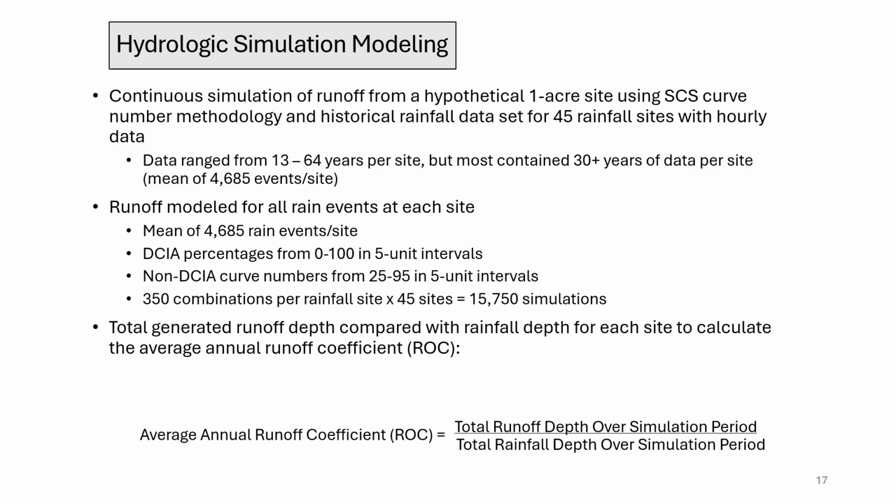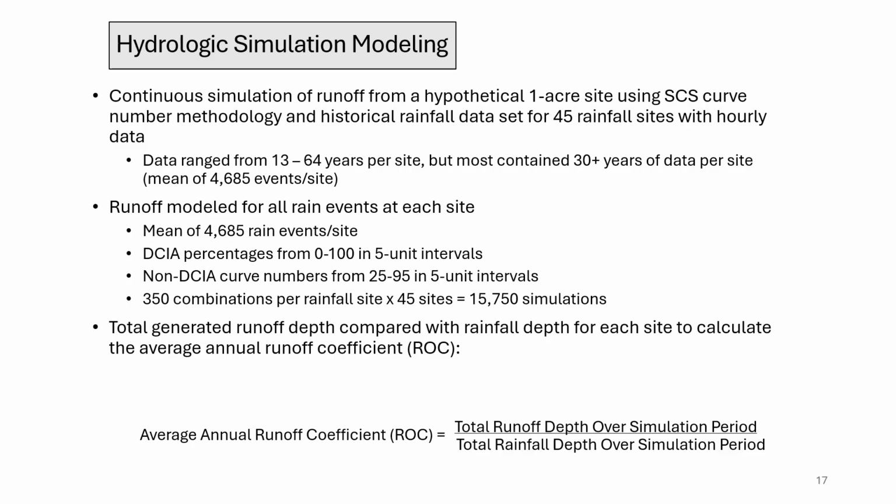To cover a broad spectrum of watershed conditions, we varied two key parameters in our simulations. We used directly connected impervious area, or DCIA, percentages ranging from 0 to 100% in 5-unit intervals. For the non-DCIA areas, we utilized curve numbers ranging from 30 to 95 in 5-unit intervals, also including a specific value of 98 as an ending point for certain conditions.